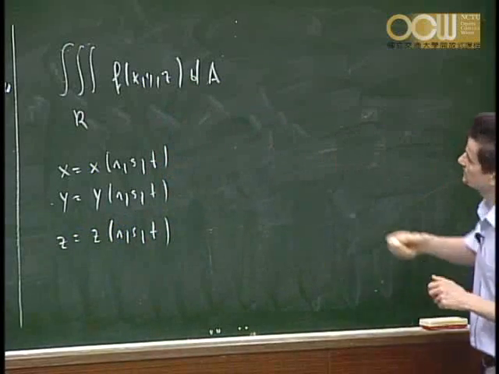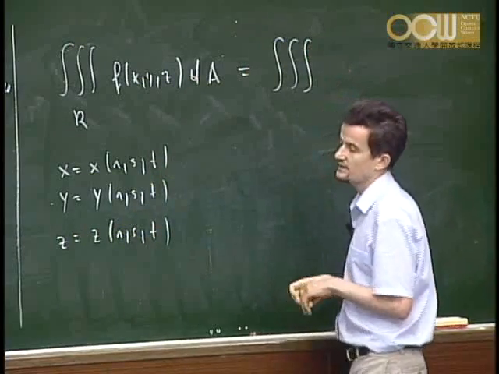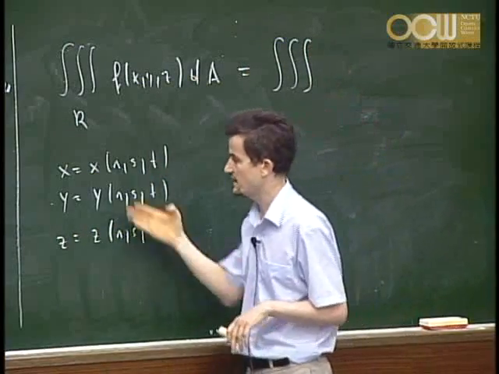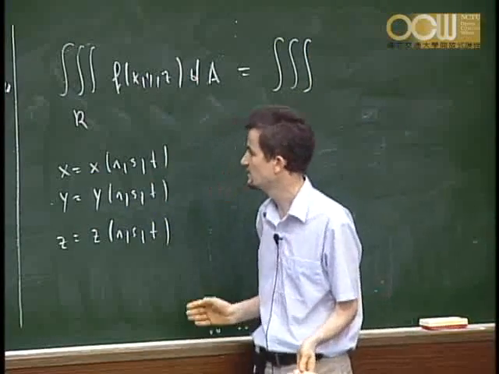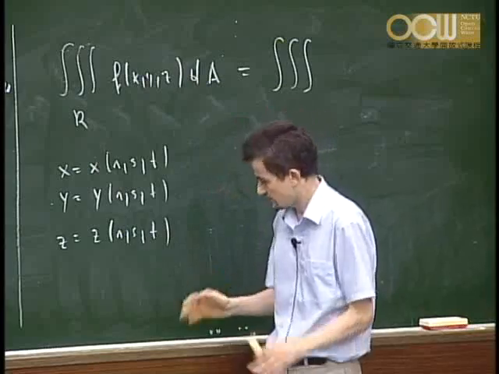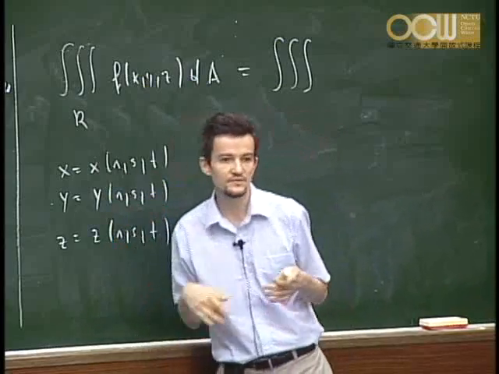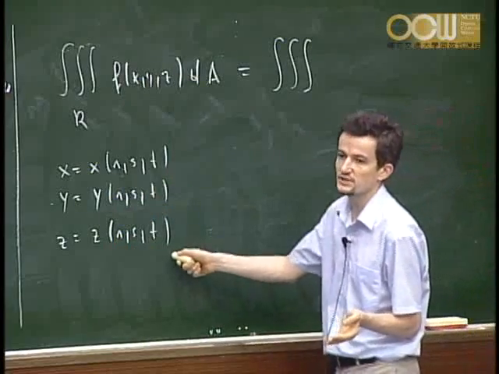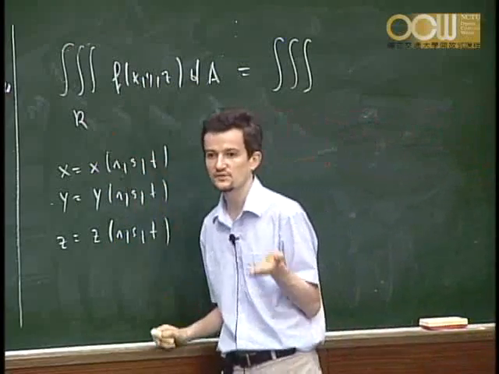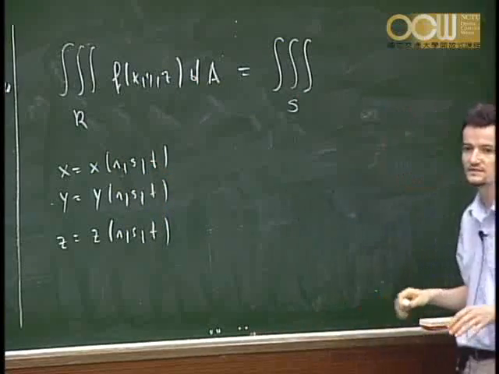And if you do the substitution, you have to figure out first, under this transformation, from the rst space into the xyz space, sorry, the other way around, which region gets mapped onto the space region R? So we have to figure out here S, which normally is quite complicated.